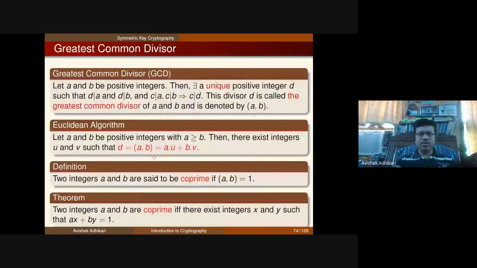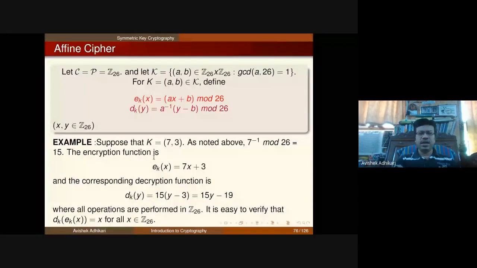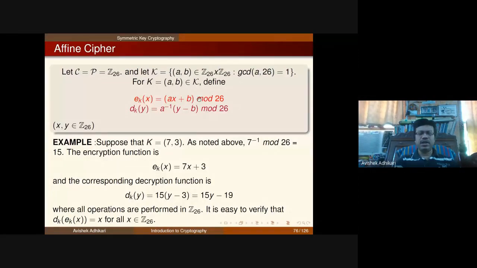Now we went for another little generalization of the shift cipher, known as the affine cipher. In the last class, we have already seen the encryption function of the affine cipher, and we have also shown that this is a generalization of the shift cipher, because if you put a equal to 1 here, then this is nothing but the shift cipher, like the Julius Caesar cipher.